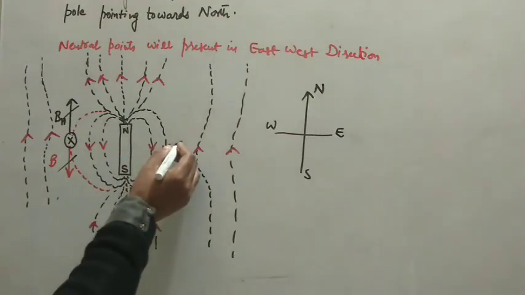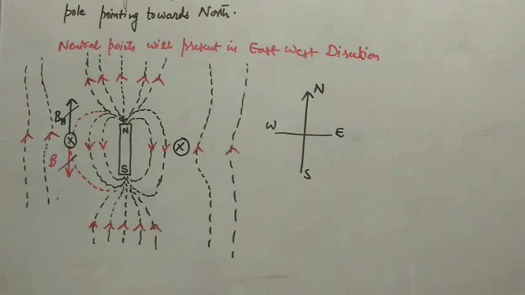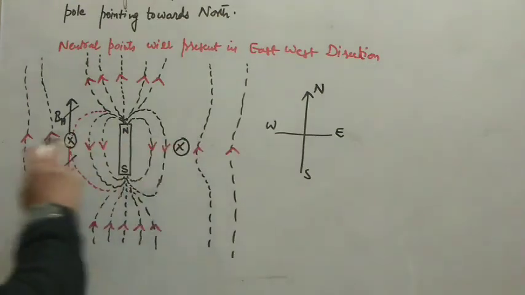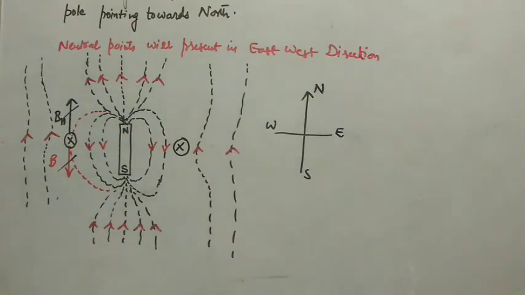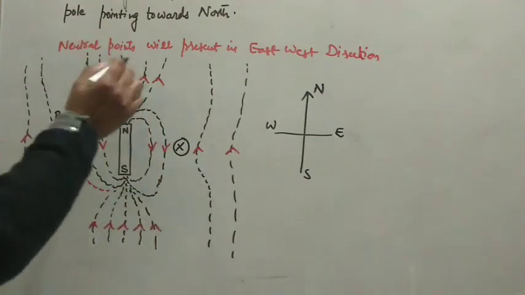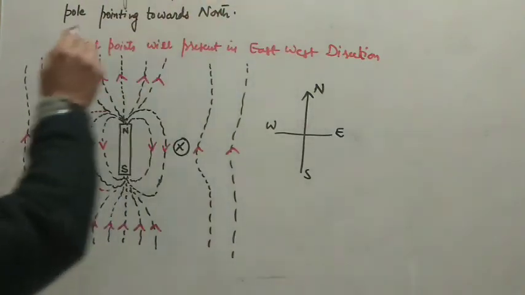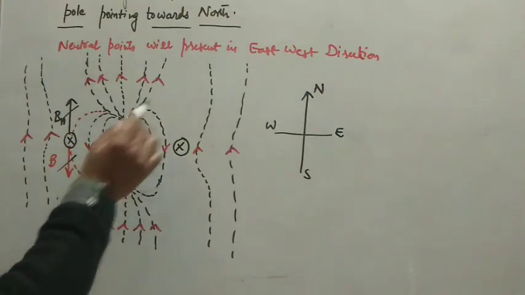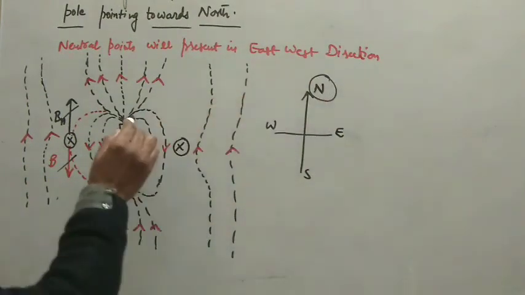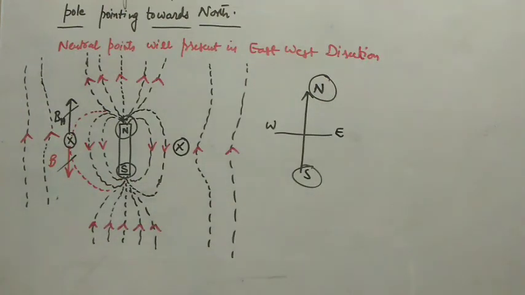To this side also you can get another neutral point position, and always you will get these two neutral points in the west-east or east-west direction. When will it happen? When the north pole is pointing towards north, and the south is pointing towards south.